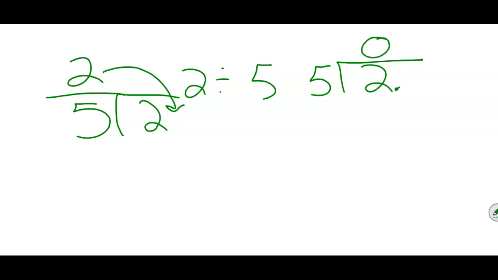Add decimal point and 0 down here. 5 goes into 20 4 times. 4 times 5 is 20. 0. Bring your decimal point straight up. Did y'all get 0 and 4 tenths? Good, yes. Okay. All right, you think you can handle that?